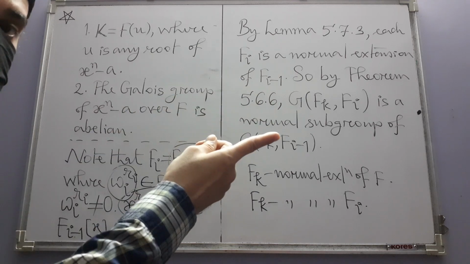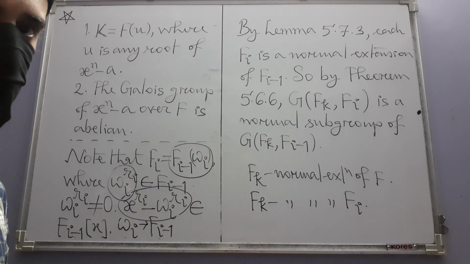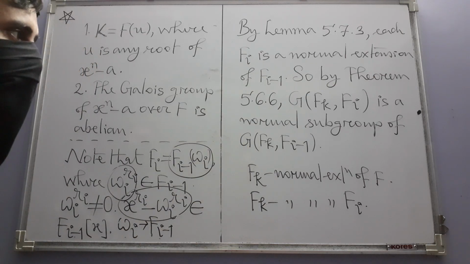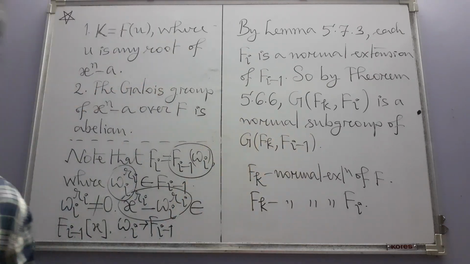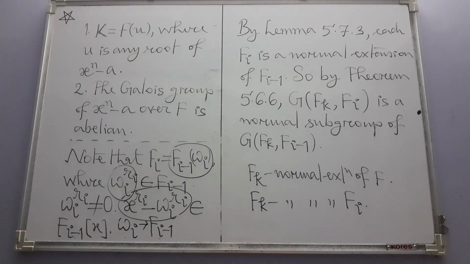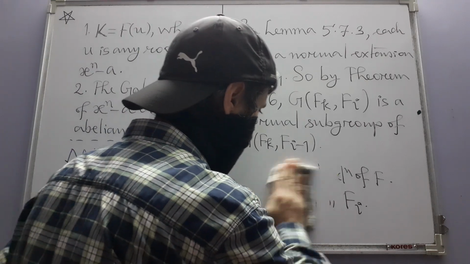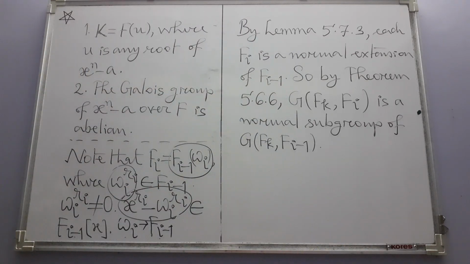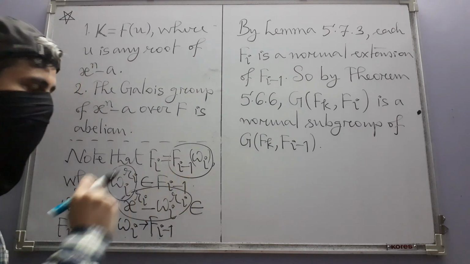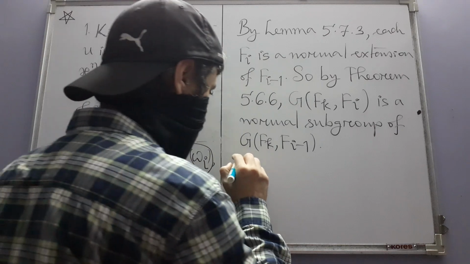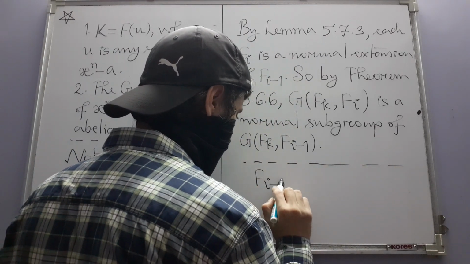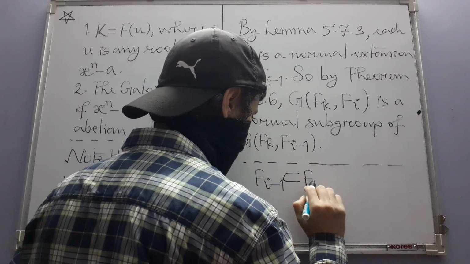If the extension is normal, then the subgroups are also normal in their relation, that one of them is a subgroup of the other. This may be a little confusing at first, the direction in which one is a subgroup of what. But let's look at it like this. F_i is an extension of F_{i-1}, right? That means F_{i-1} is a subfield of F_i.